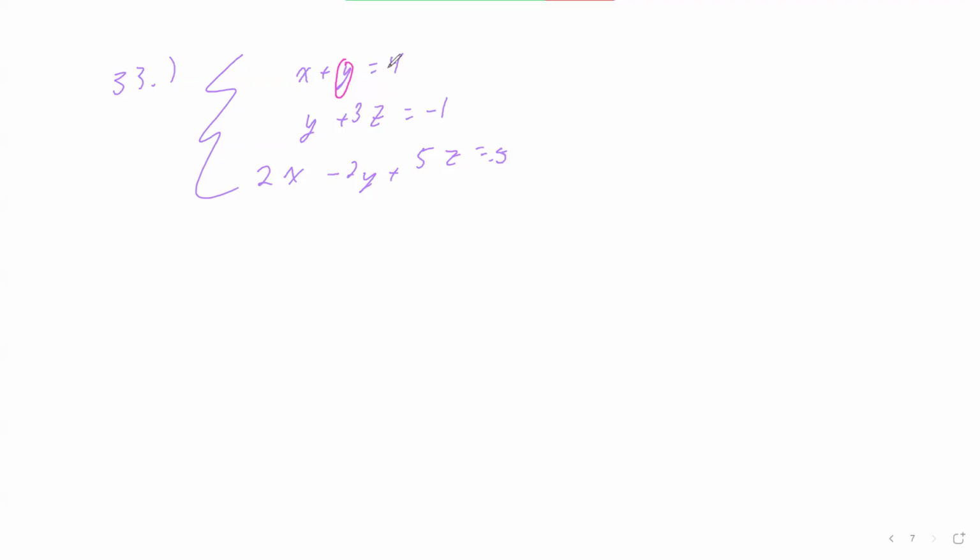Then I can solve for z and then plug it in and have an equation. Yep, perfect. That's the route we'll go. So on this first step, I'm going to solve for y. So I'll subtract x. So it gives me y equals negative x plus 4.